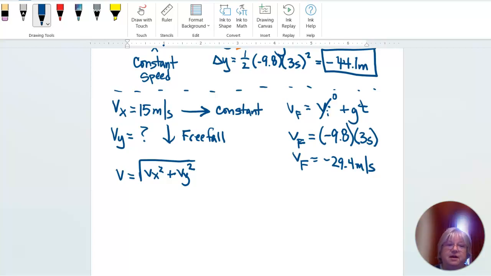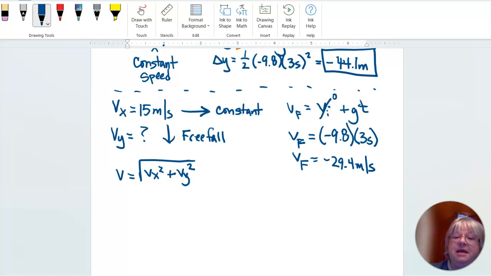So if we don't think about horizontal motion at all, if we just picture him falling off the roof, 29.4 is the speed with which he would hit the ground. But he had that initial 15 meters per second that he was moving horizontally.